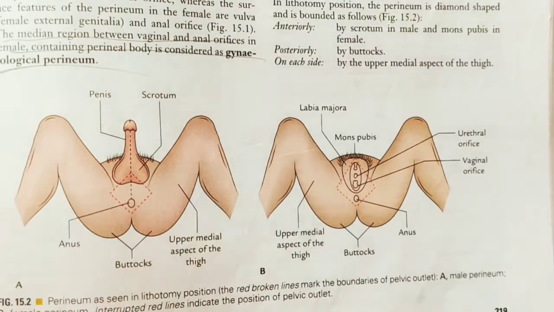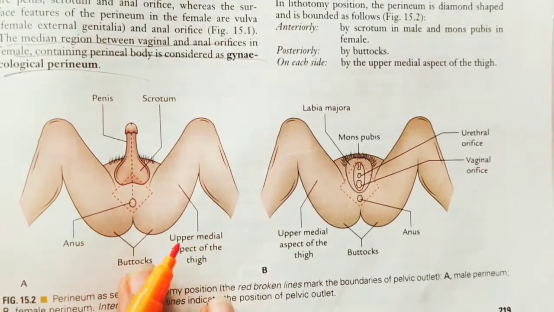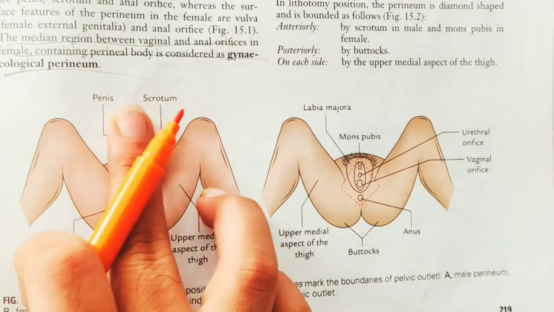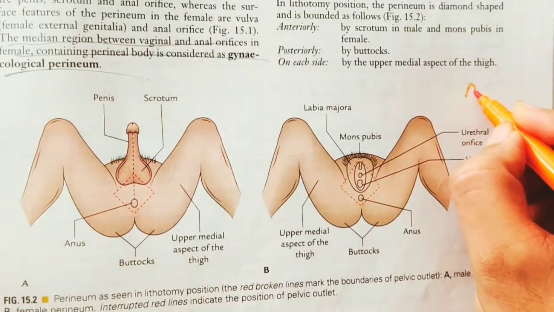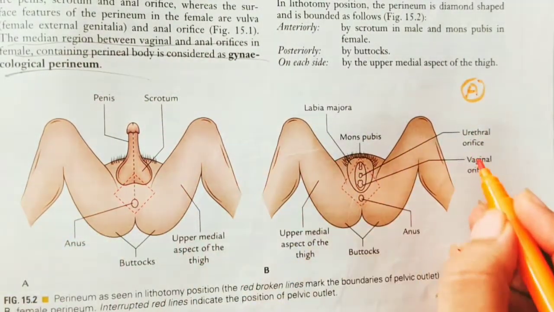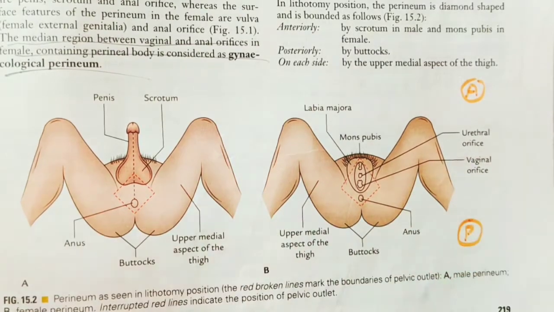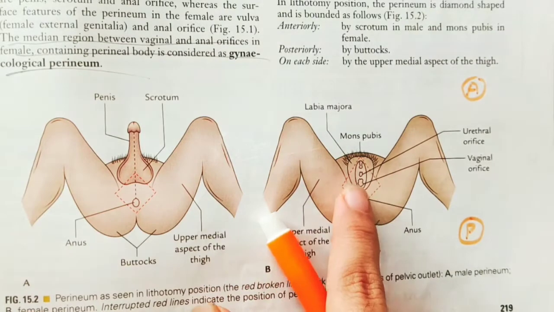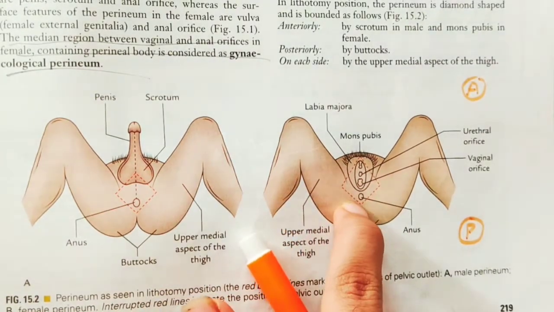So if you look at these two diagrams, this is of the male and this is of the female, you can see the boundaries. Okay, if this is the anterior side, this half, and this half is the posterior side. So on the anterior side in females there is mons pubis. You can see the urogenital triangle as well as the anal triangle.